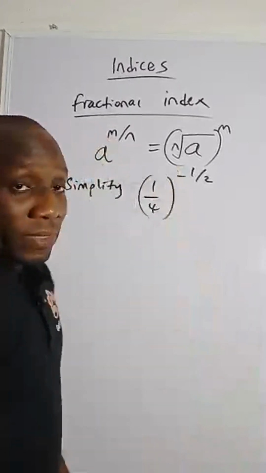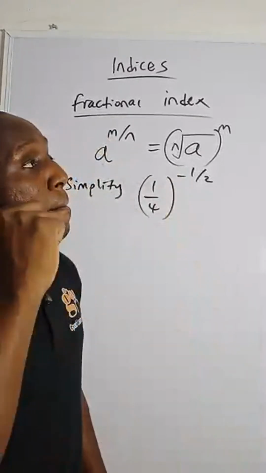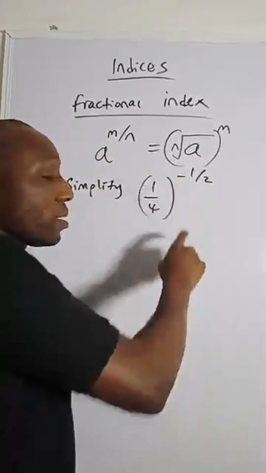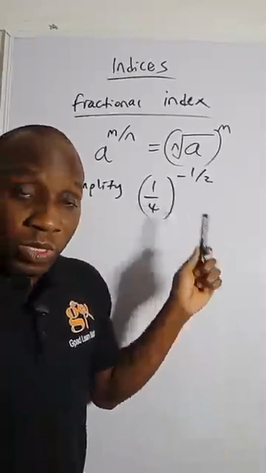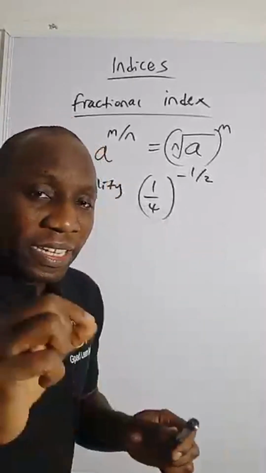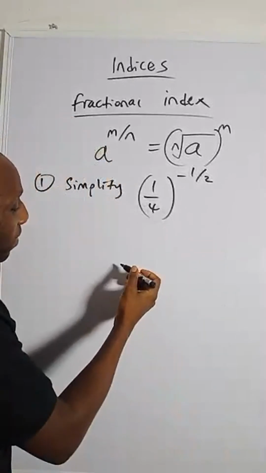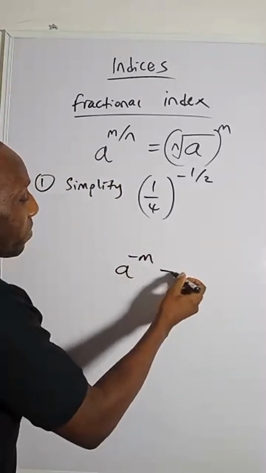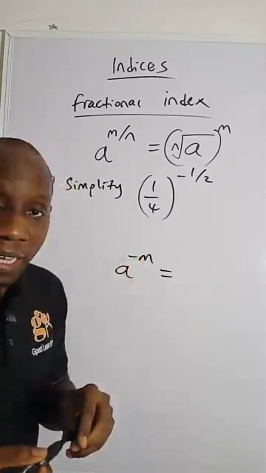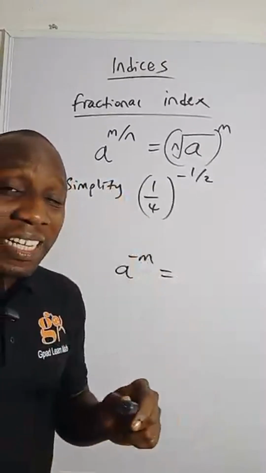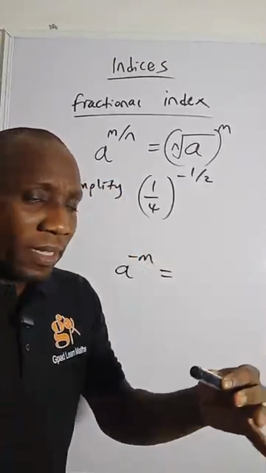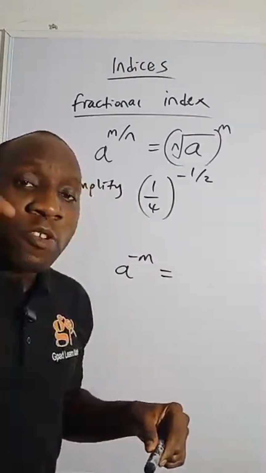See, we have a negative sign here, and for those of you who are not familiar with the negative index law, you might be deeply troubled when we start doing this. So let me quickly walk you through it. Let's say you have a raised to the power of negative m. This negative sign attached to the exponent, if you want to remove it, takes the reciprocal.